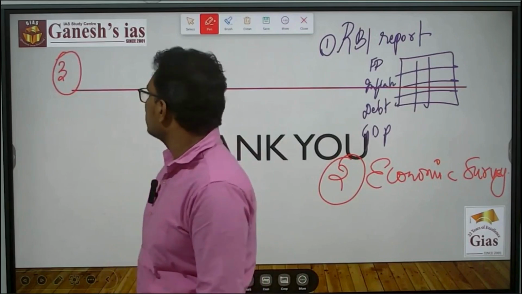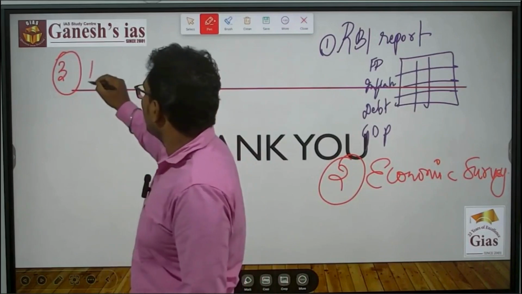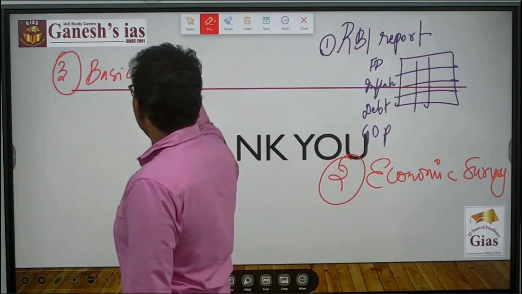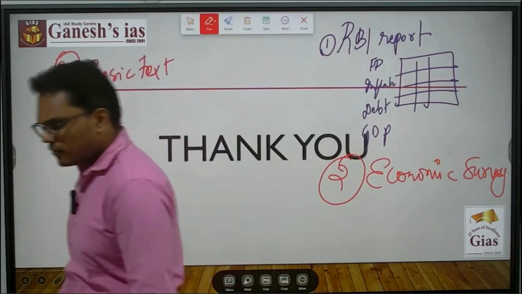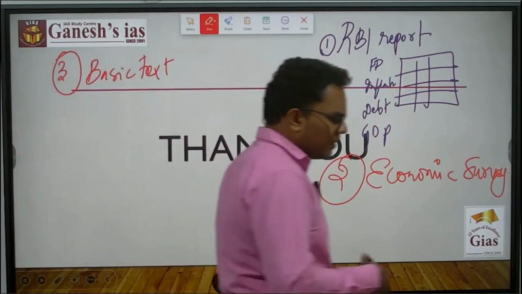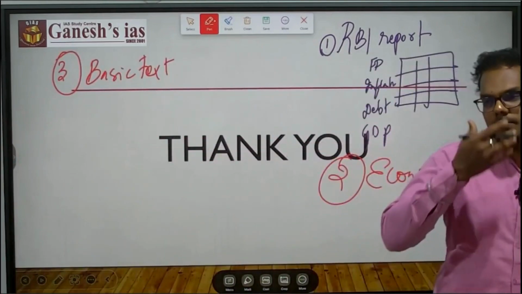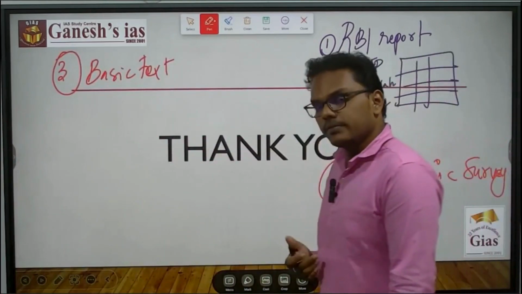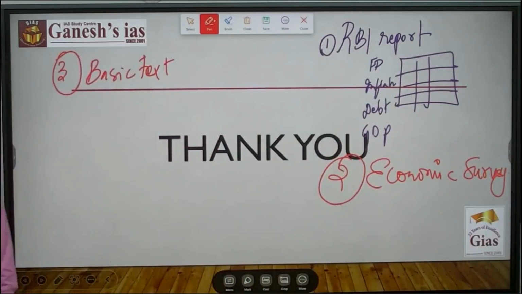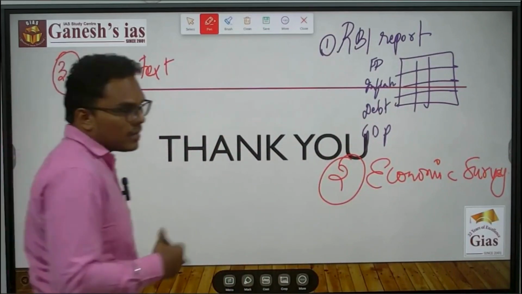RBI report, economic survey, and then you read your basic textbook. I think by this time you should have done at least 3 or 4 revisions of your basic textbook. But I would again ask you to refresh the concepts and keep revising the concepts which are mentioned. I think there are a few concepts which I didn't discuss here but can be asked.